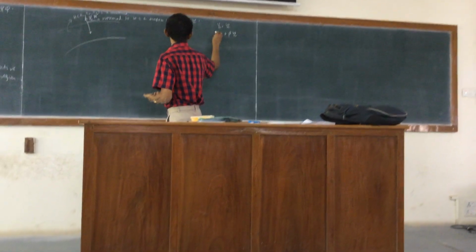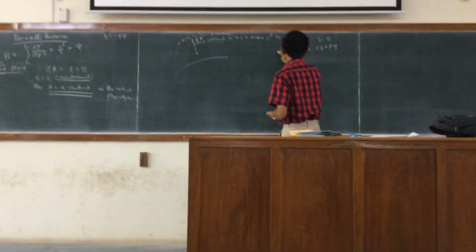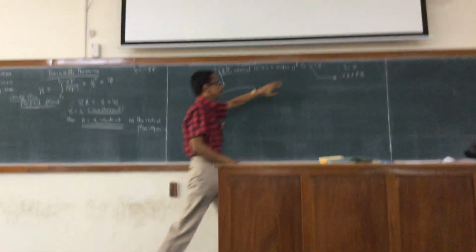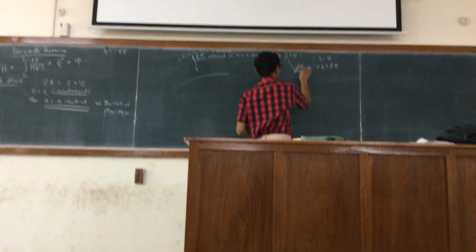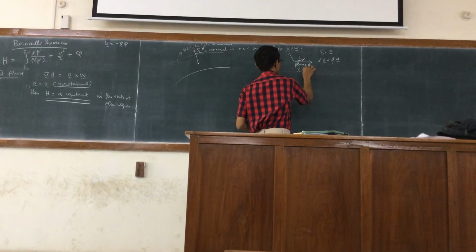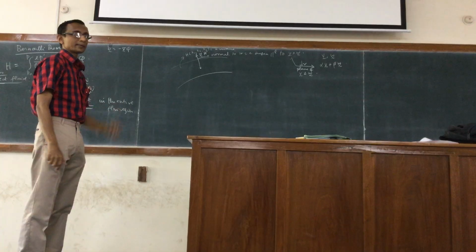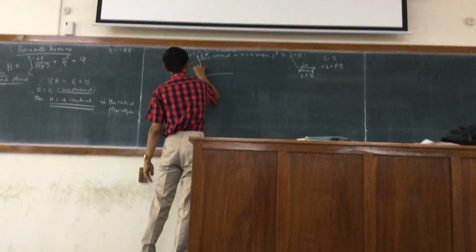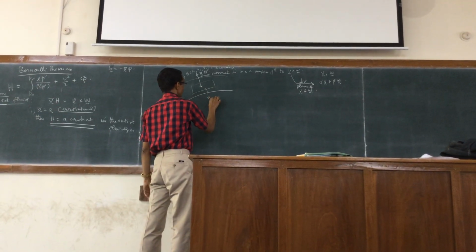So we can clearly see that this is perpendicular to the plane formed by V and W, which is represented by this. That would imply that the plane formed by V and W is a tangent plane.